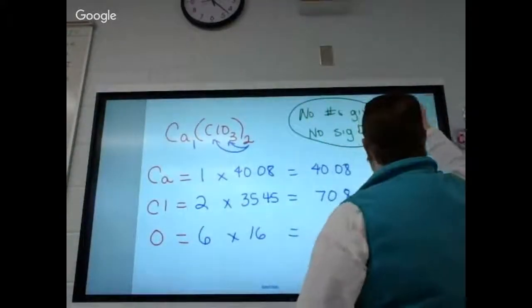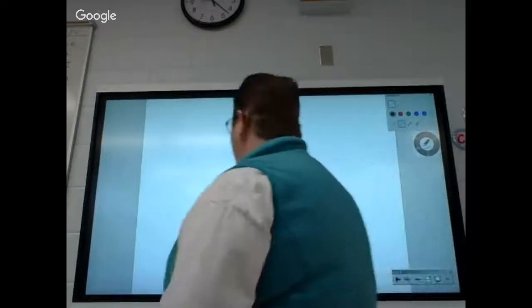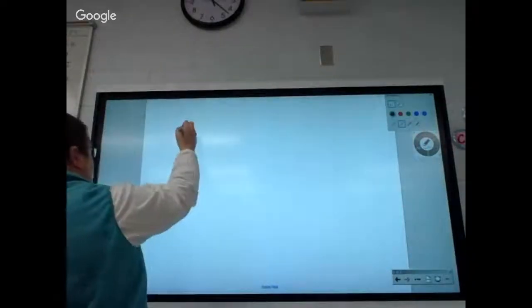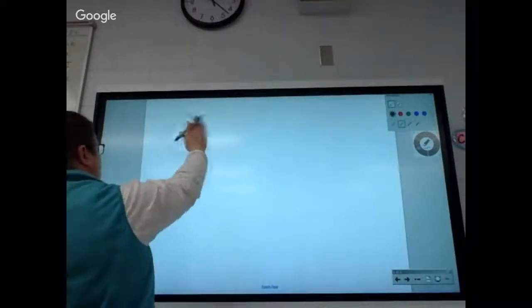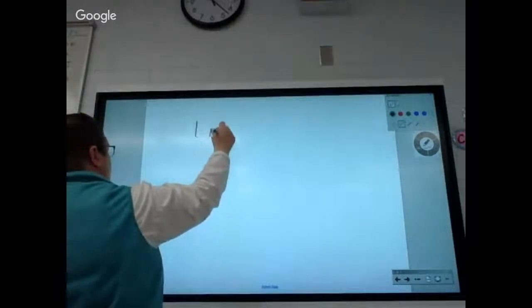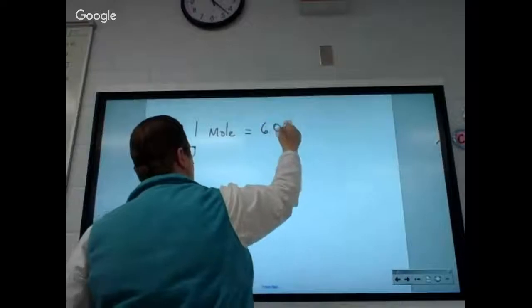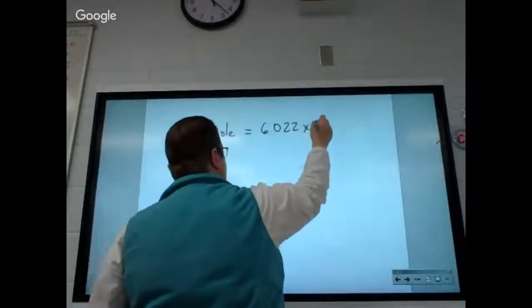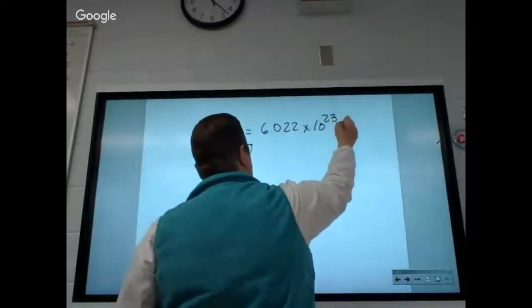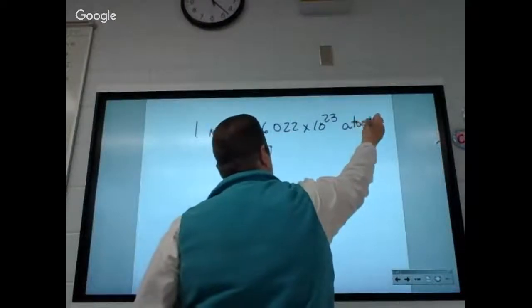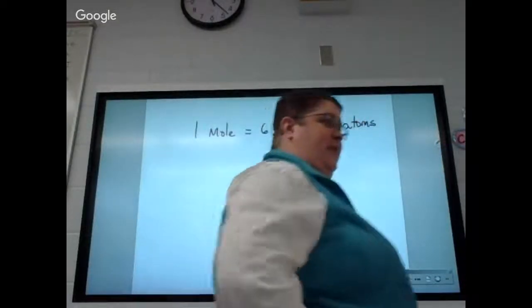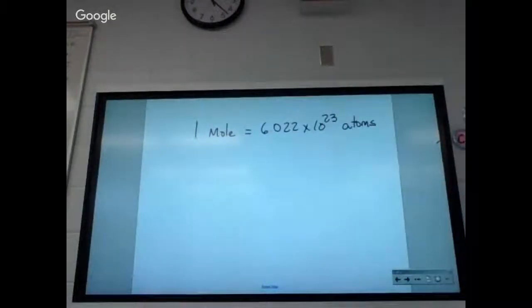All right, so we're going to add on to our chart. So you remember when we said 1 mole was equal to 6.022 times 10 to the 23rd atoms. Okay? And I talked about the example of eggs. And I said small, medium, and large eggs. Now we're going to branch out and I'm going to write it down.